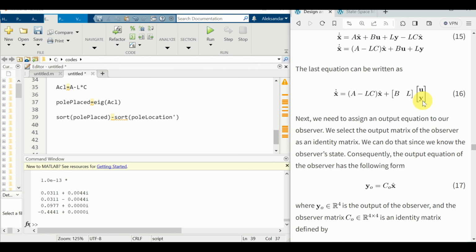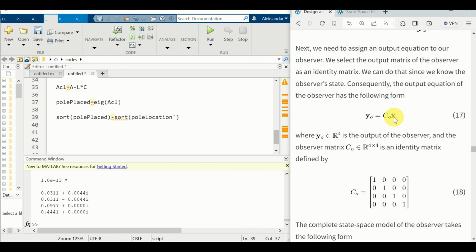Next, we need to define the output equation of our observer. Since we are designing the observer and at any moment we know x hat, we can simply say that the output equation of the observer is C0 multiplying the state of the observer, where C0 is the identity matrix. Note that we can always do that since we know x hat.